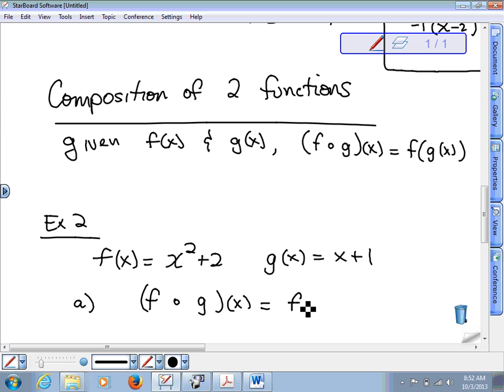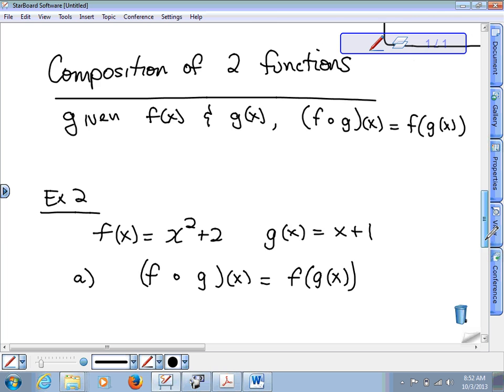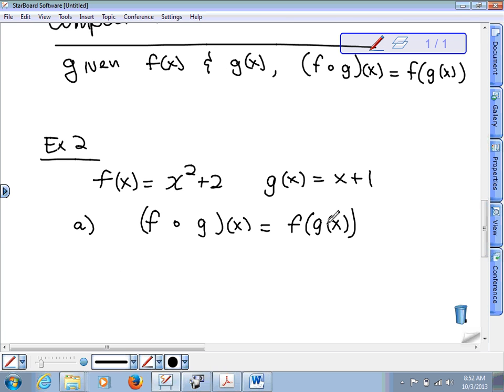What that means is this kind of notation. More students prefer this second notation to the first one for some reason. F of g of x. What is g of x? X plus 1. So this f of g of x could be thought of as this, f of x plus 1. Instead of saying f of g of x, just replace g of x with its actual function, x plus 1.